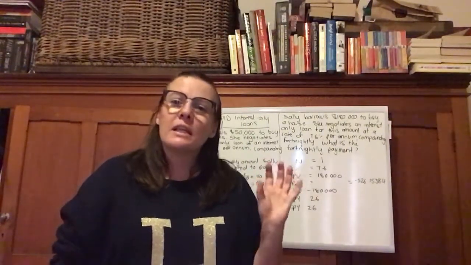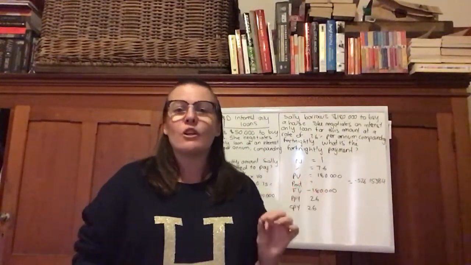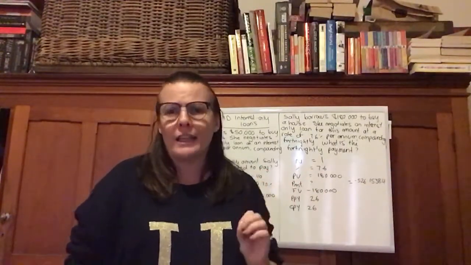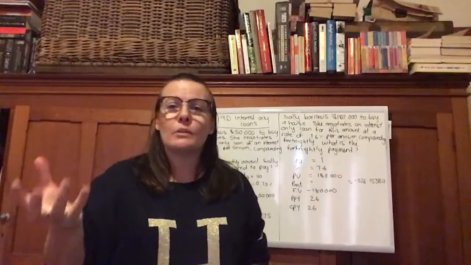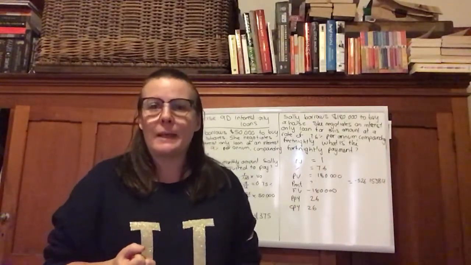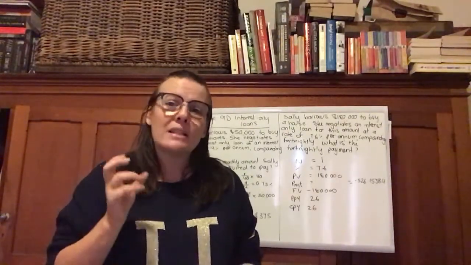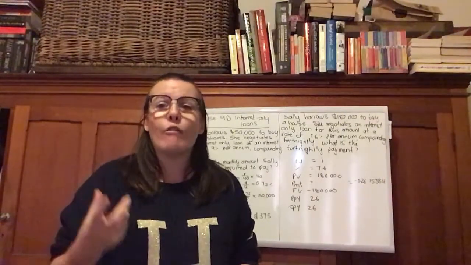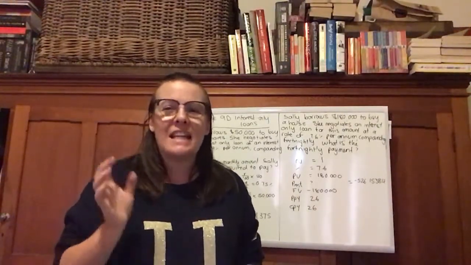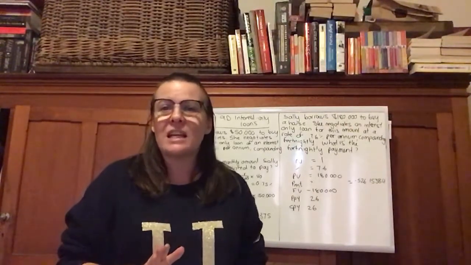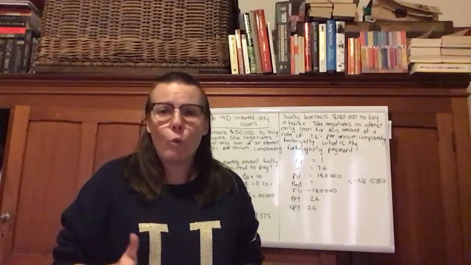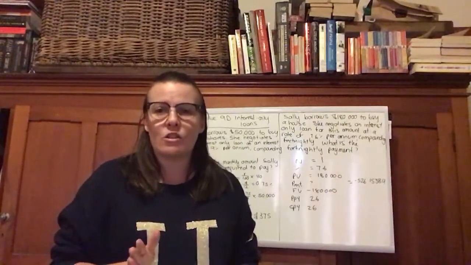Now, this particular exercise focuses on interest-only loans. This is a loan where a person borrows a lump sum of money but only makes payments to pay off the interest. So they actually never pay any part of the loan off. So if they borrow $10,000, they always owe $10,000.